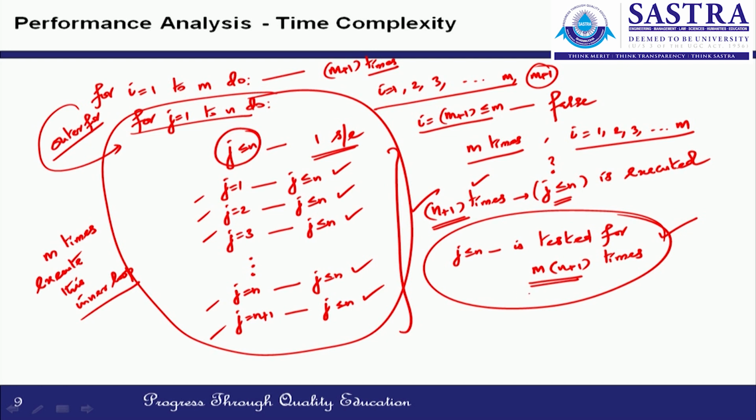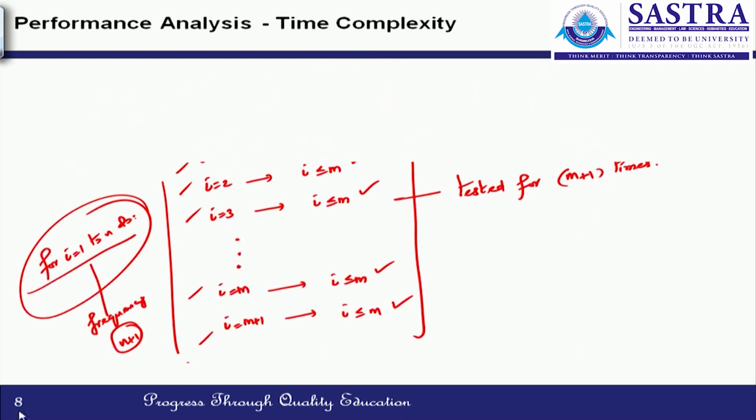Since the inner for loop's condition is tested for n plus 1 times, and the inner for loop is controlled by the outer for loop for m times, finding the product, m into n plus 1. So, m into n plus 1 times the condition j less than or equal to n is tested.